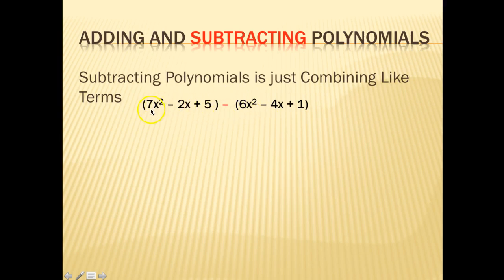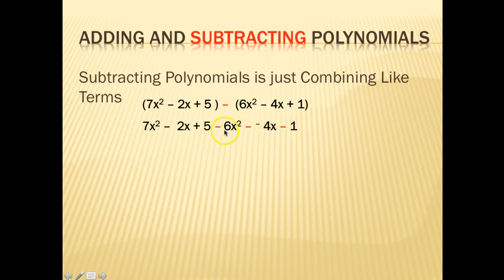So I would rewrite this as 7x squared minus 6x squared, negative 2x minus negative 4x, 5 minus 1. My first step is I represent that I am subtracting all of this. So I'm subtracting 6x squared, subtracting negative 4x, and then subtracting 1.